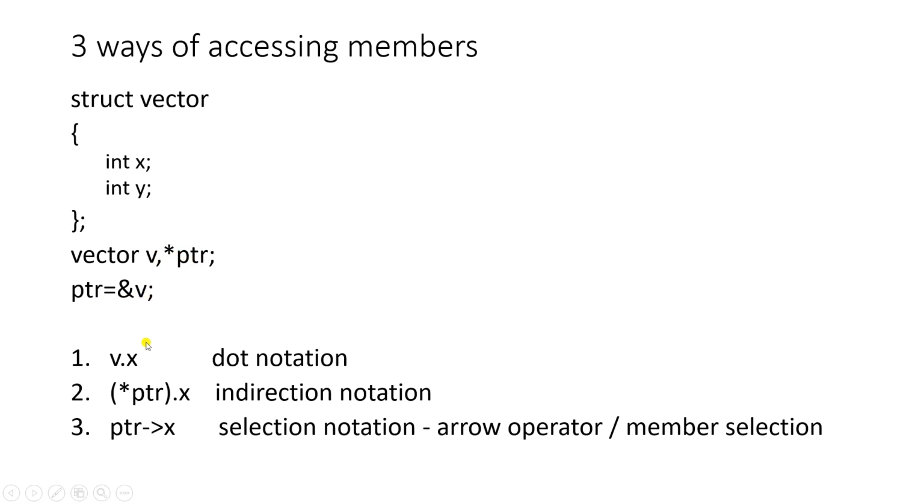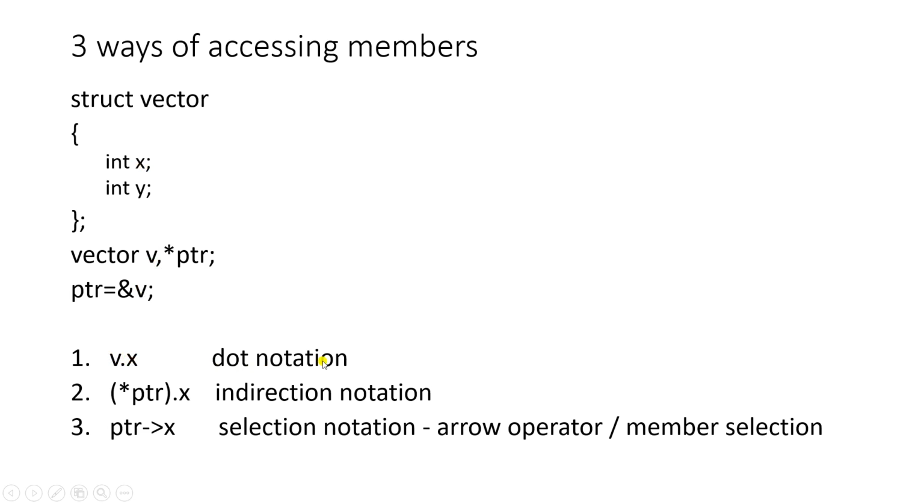These are the three methods of accessing members, say member x of the structure vector. Our structure variable is called v, and how can you access the member x? The first method is using the vector variable name, v.x. You can access the member of the variable v using this notation.